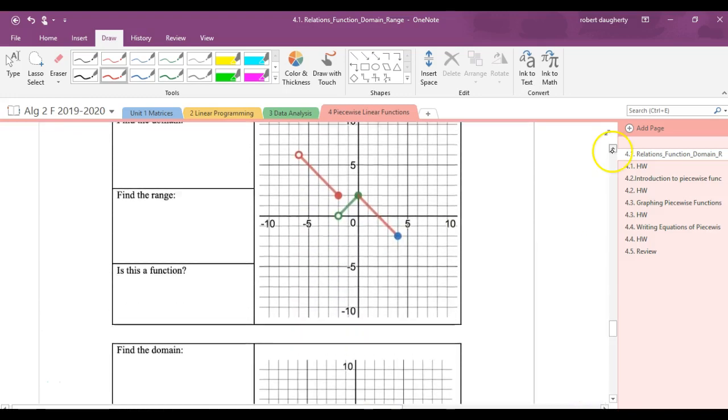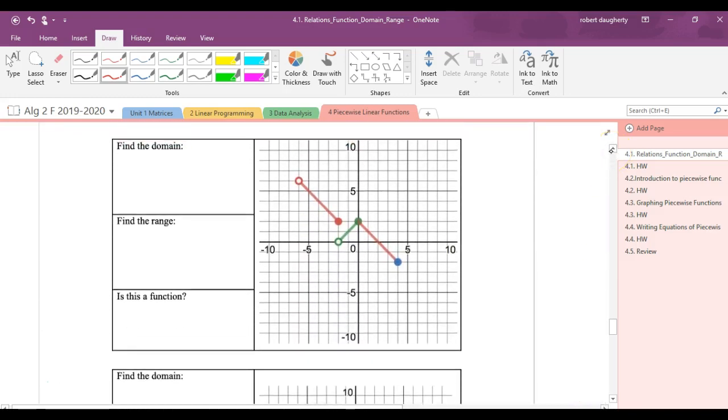Now, the other thing you can do is I can give you a graph, and you can inspect the graph and tell me whether or not this is a function. Now, the domain is a set of all what values? X values, okay? So to find the domain of this function, I have to see what X values are being displayed here.